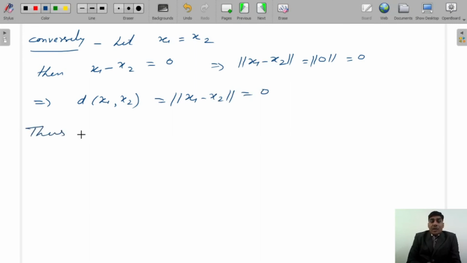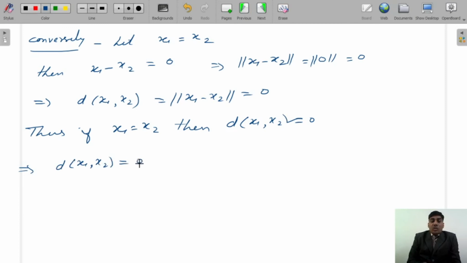Thus, if x1 is equal to x2, then d(x1, x2) is equal to 0. This implies d(x1, x2) is equal to 0 if and only if x1 is equal to x2 for every x1, x2 belongs to capital X.